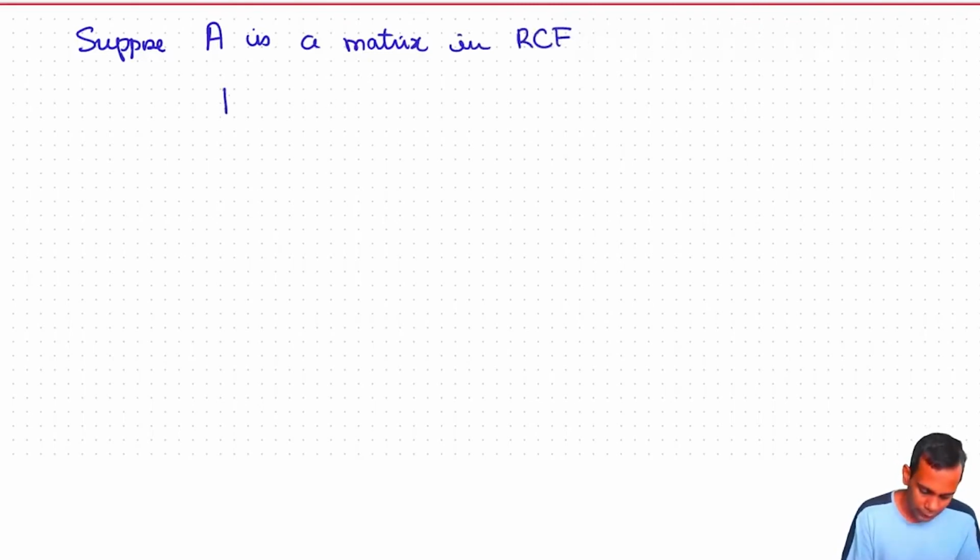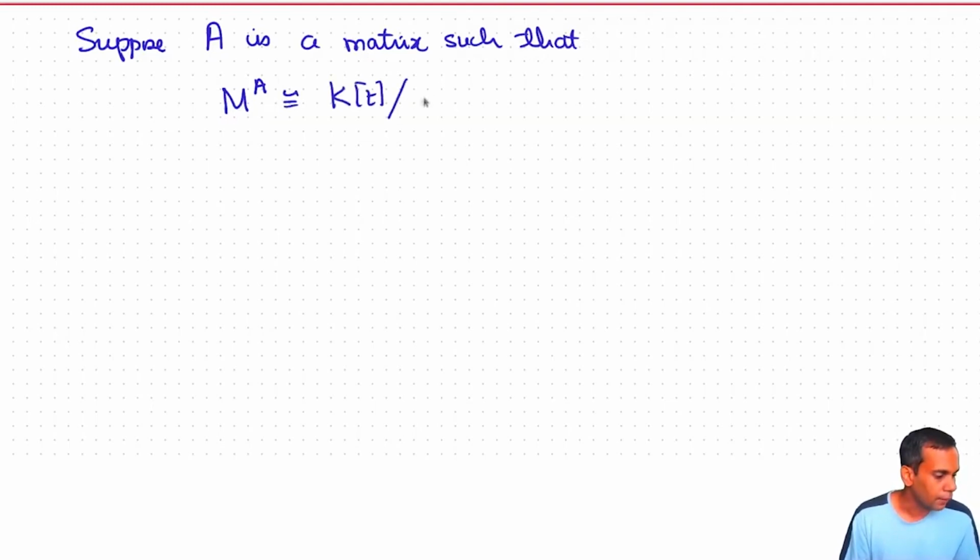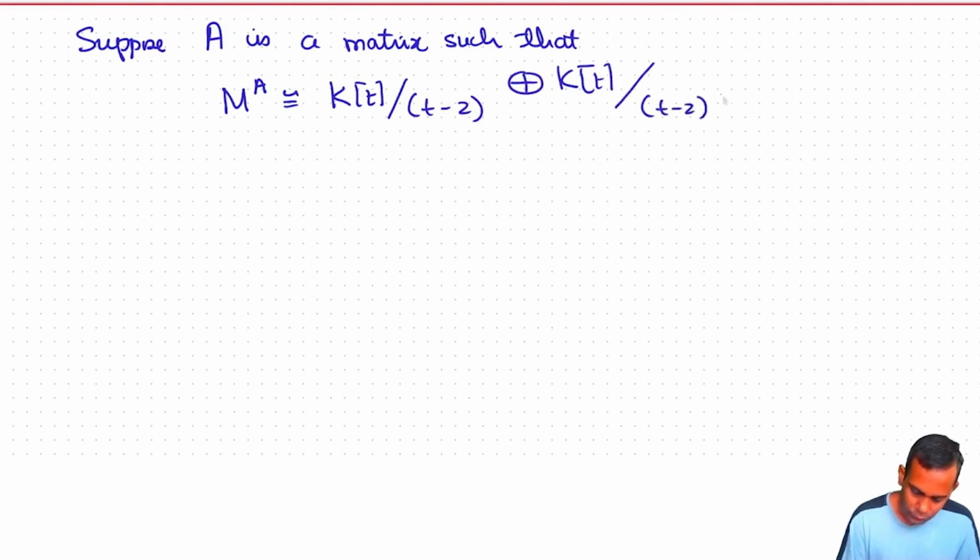And so M_A is, let's just say A is a matrix such that M_A is isomorphic to K[T]/(T minus 2) plus K[T]/((T minus 2)(T squared minus 5T plus 6)).